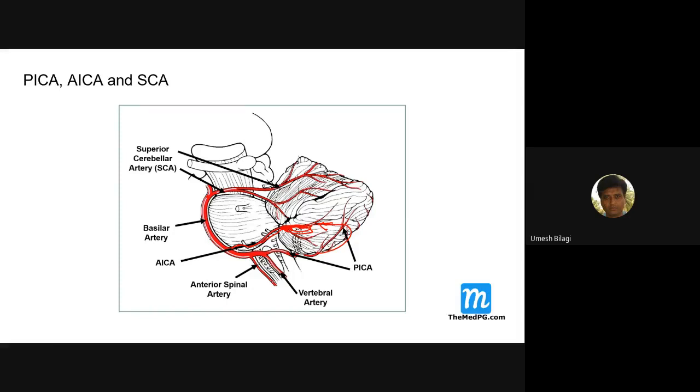There is good anastomosis between AICA and PICA, so there is a variable degree of supply to the anterior and posterior inferior part. And this AICA is a branch of the basilar artery. Basilar artery is formed by combination of what arteries?